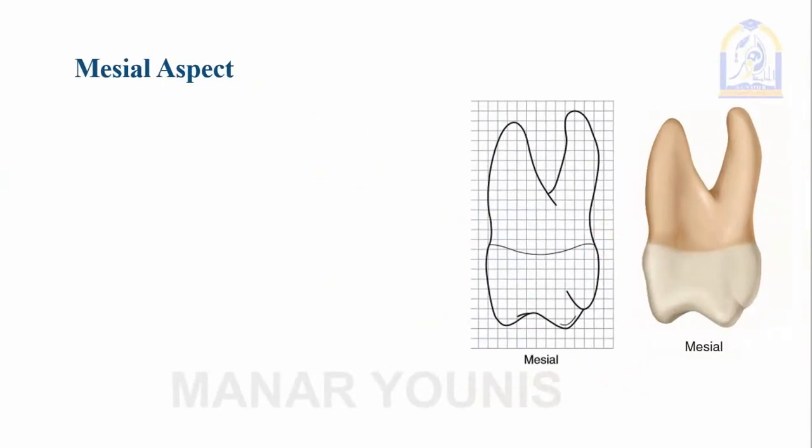Regarding the mesial aspect, the geometric outline is trapezoid with the longest of the parallel sides toward the cervix and the shortest toward the occlusal area. So the cusp tips are within the confines of the root trunk, just like all other maxillary posterior teeth.